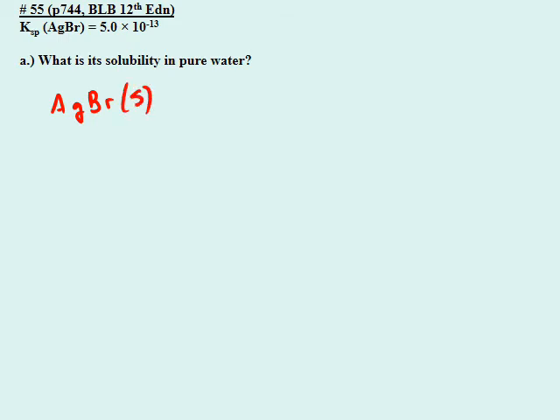These are partly soluble substances, so only part of that would go in solution. But whenever it goes in solution, the metal gets separated so that water can solvate it, or surround it, and keep it in solution. That's silver plus aqueous, and Br minus aqueous.